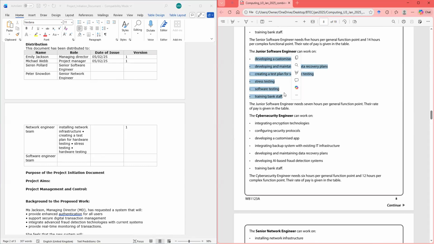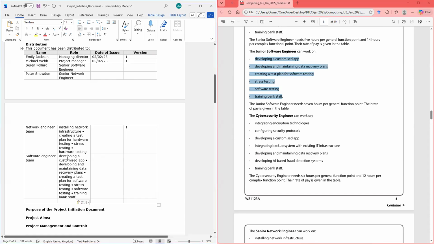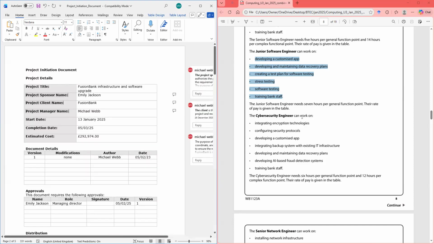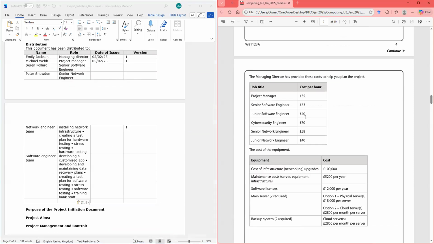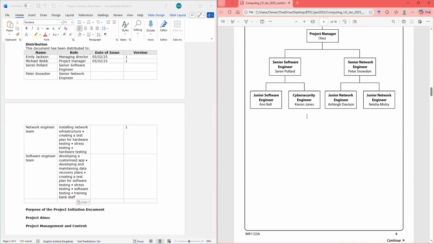Then this would be the role. And then we have a cybersecurity who is, let's go back up to see something. Let's look at it. Hold on. Oh, we didn't have to put junior.